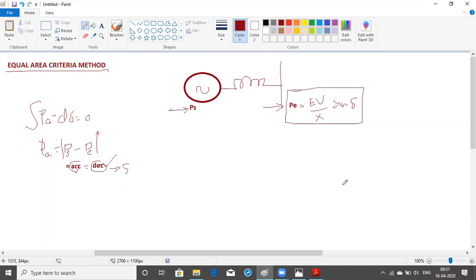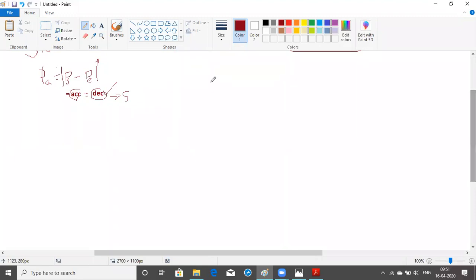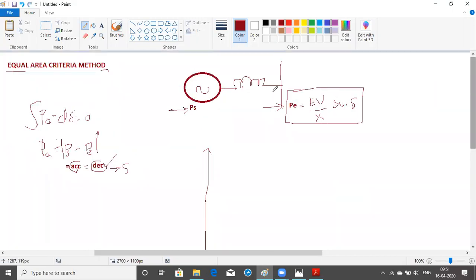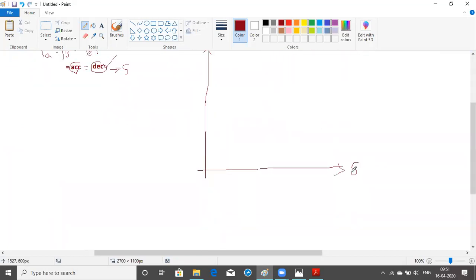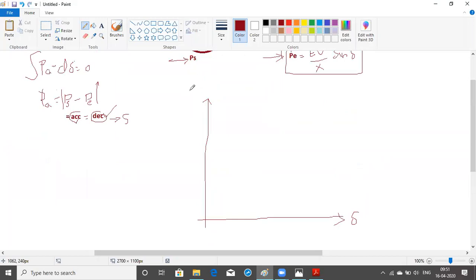Now I'm drawing the curve. See clearly. We need to draw the curve of P versus delta. I have already told you the relation between P and delta. How should the curve look? It should look like a sinusoid, and we need to take only the first swing.